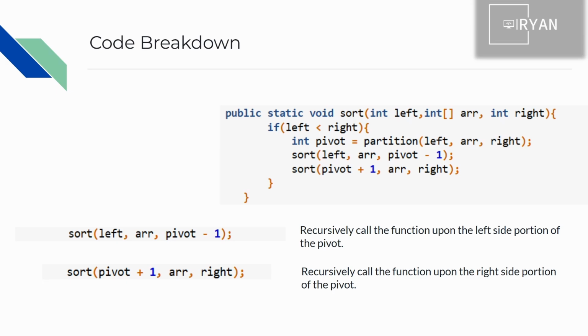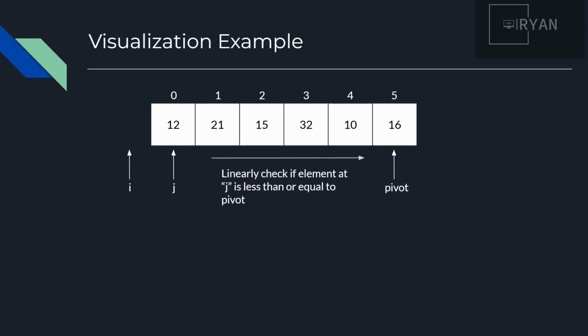Okay, let's move on. Here we can see a visualization example. We have an unsorted array or list with various numbers, and we will perform our quicksort algorithm manually. So we set our indexes and our pointers.